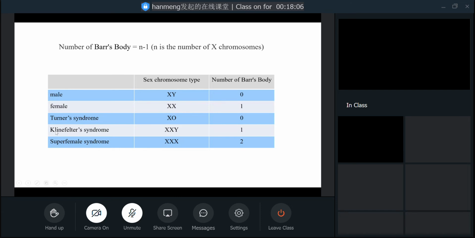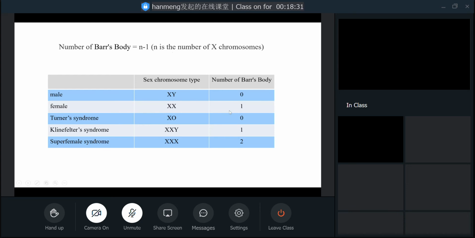And in Klinefelter syndrome, the sex chromosome type is XXY. And in super female syndrome, the sex chromosome type is XXX. So according to the number of X chromosomes, in the normal male there are 0 Barr bodies.